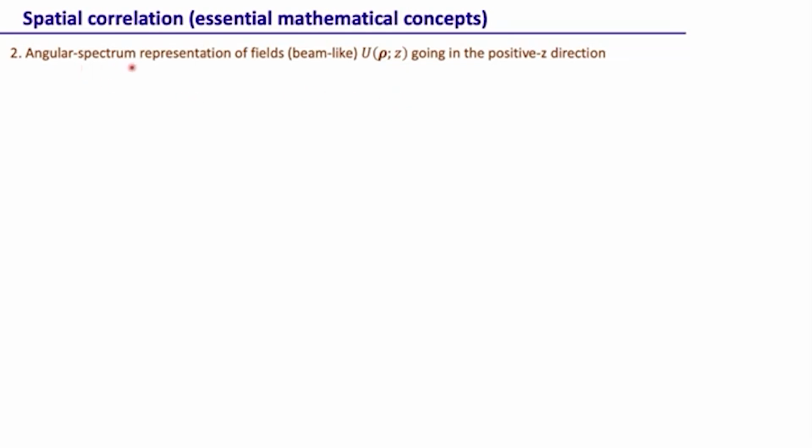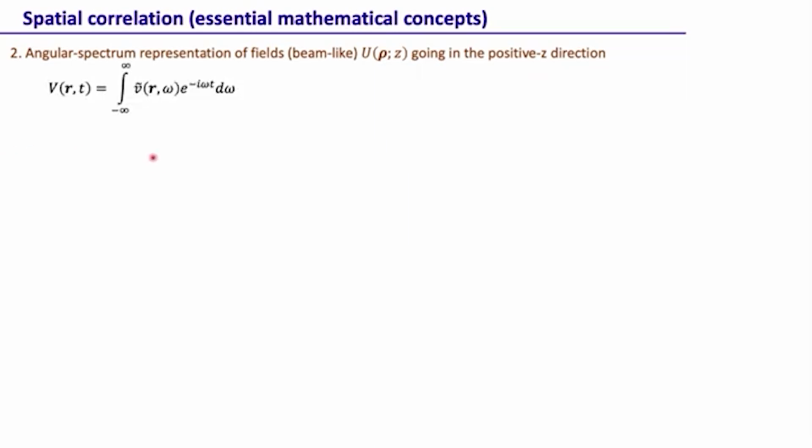So again at the outset, let me just say that coherence theory is usually interested in the general field, but here we are concentrating mostly on fields that are beam like and going in the positive z direction. As we go on in this lecture, it will be clear what beam like means, what it means to go in the positive z direction, and so on.